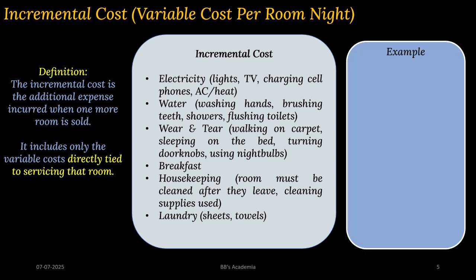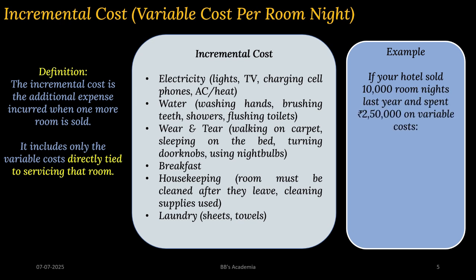Now, let us take one example. If your hotel sold 10,000 room nights last year and spent 2 lakhs 50,000 on variable cost, that means in all these areas we have incurred a cost, a total of 2 lakhs 50,000 for 1 year.